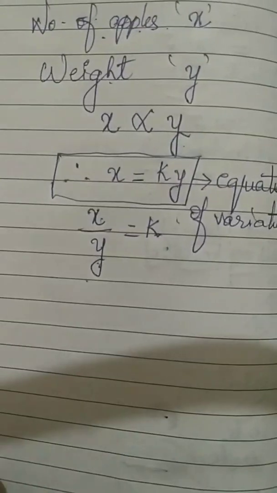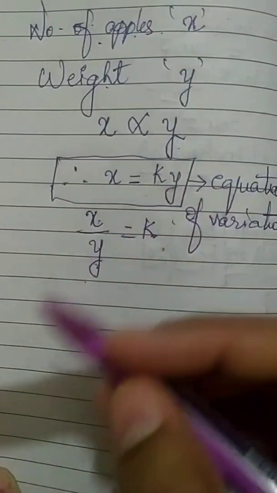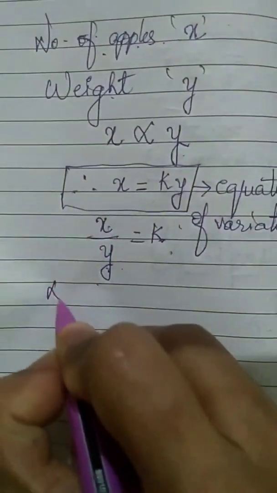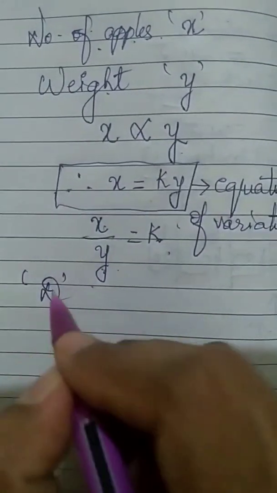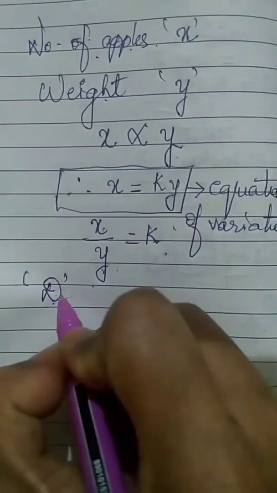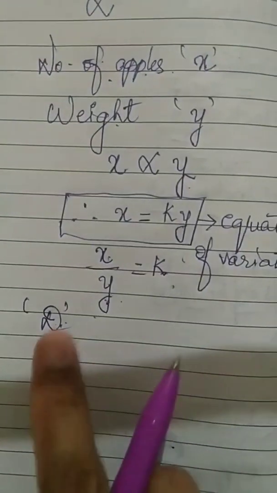Now I'll give you a trick to remember. For direct variation, direct starts with D. Whenever there is direct variation, you have to divide. D for direct, D for divide. Like this you remember, and we will solve the practice set.